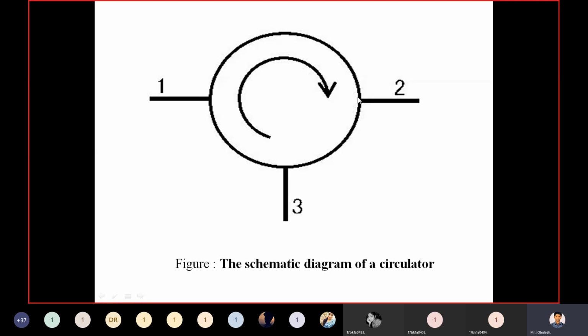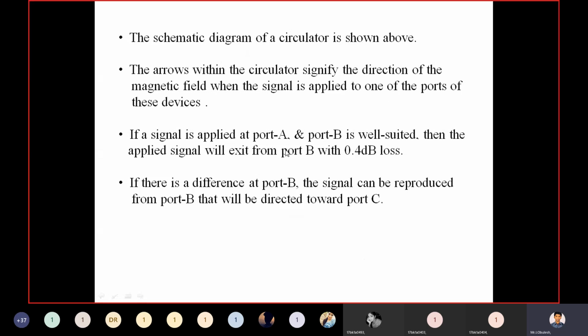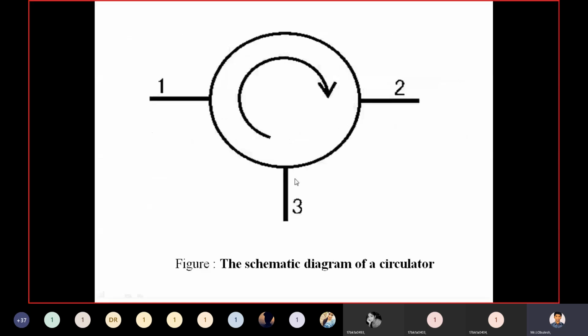Here we have port 2. So from this point, port 2, you will get the output signal. If you want to apply your input signal through port 2, your signal will travel in this direction and stop here, which means here you will get the output signal.